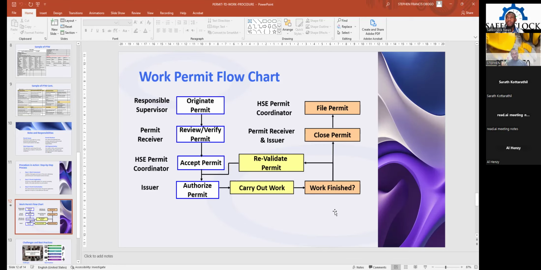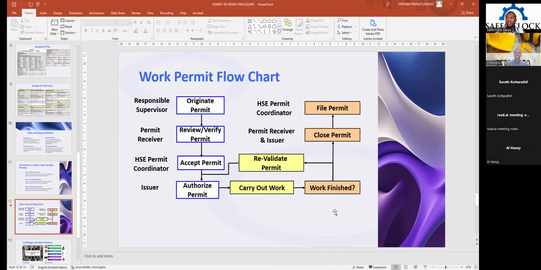If it is no, then there will be need for extension or revalidation, because the date that was written in the permit has elapsed, but the work is yet to be completed. So at that point, you need to revalidate the permit. You go back to the permit coordinator or the authorized person who issued the permit to do what we call revalidation, in the sense that they extend the date for another day, for another week, depending on the industry.